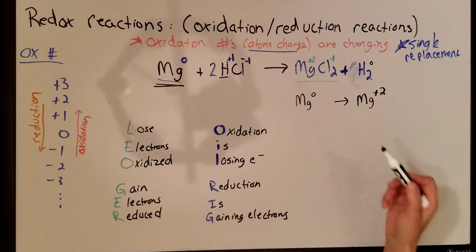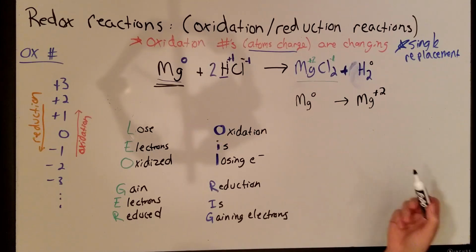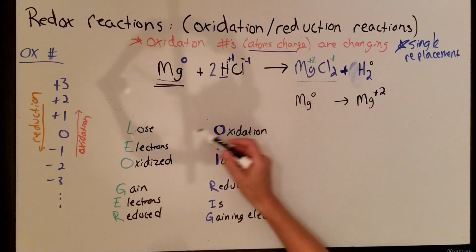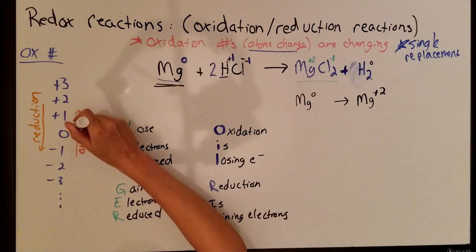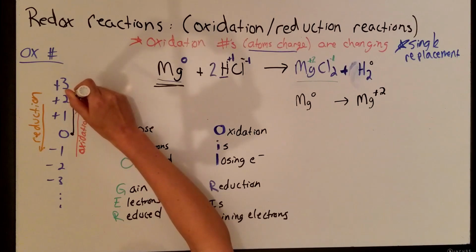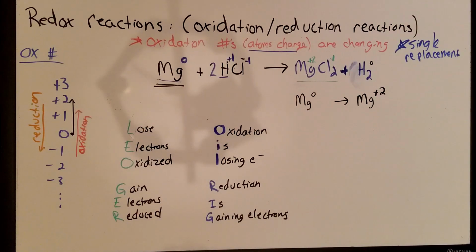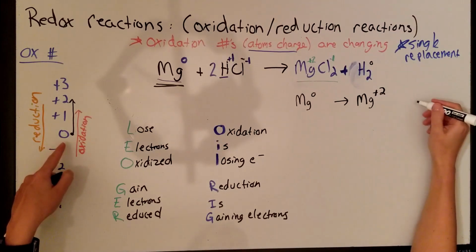So that means it was either oxidized or reduced. Okay, but which one? It went from a 0, so I'm going to go over to my number line. I'm at 0. And it went up to a +2. So if it went in the upward direction, does that mean it was reduced or oxidized? It was oxidized.